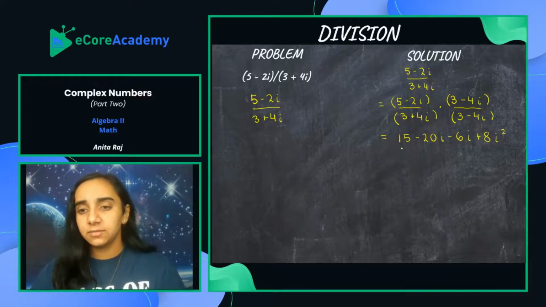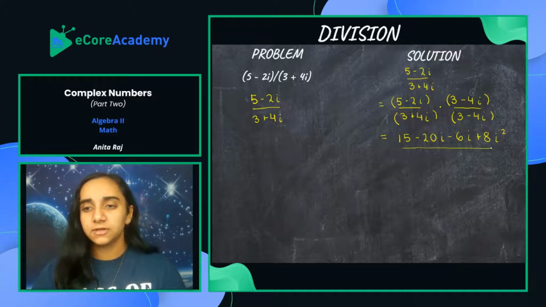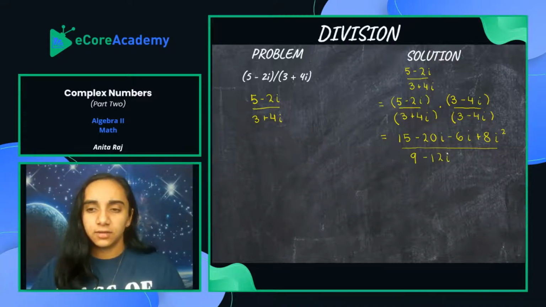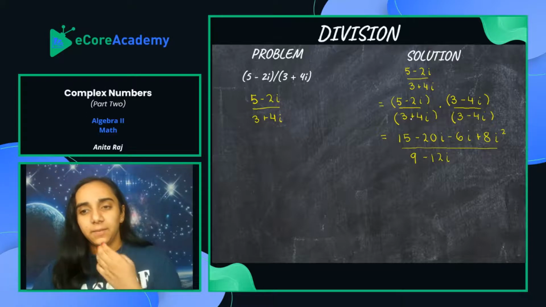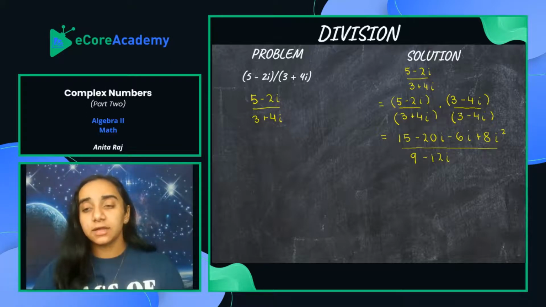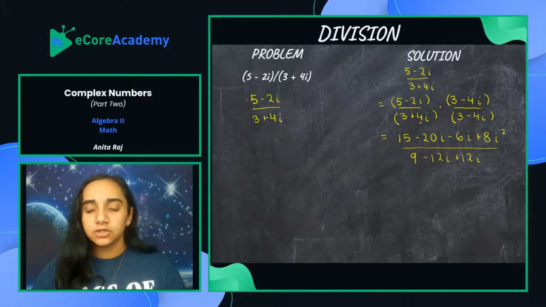Then we do the same thing for the denominator, the complex conjugates. 3 times 3 is 9. 3 times negative 4i is negative 12i. Then inner, 4i times 3 gets us 12i, and lastly outer, 4i times negative 4i gives us negative 16i squared.